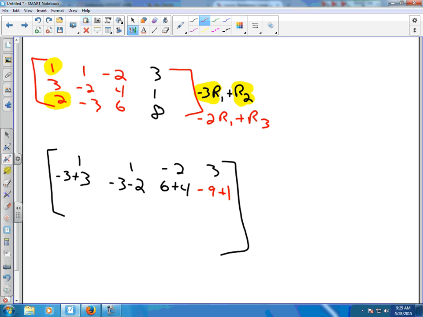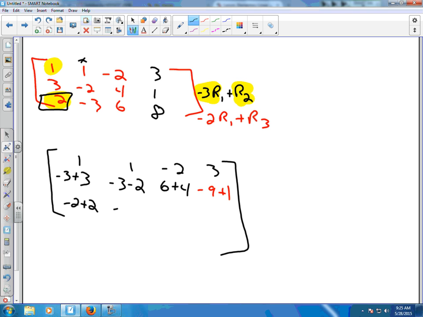Then we're doing negative 2. Then to get a 0 here, we need to add that to negative 2. So negative 2 times 1 on top plus 2. Do negative 2 times the next column.